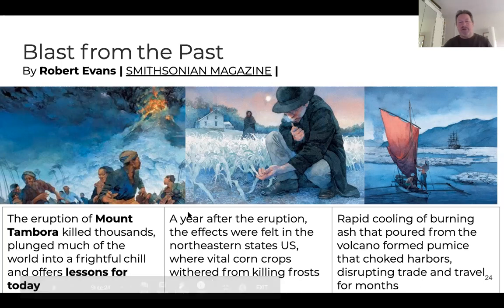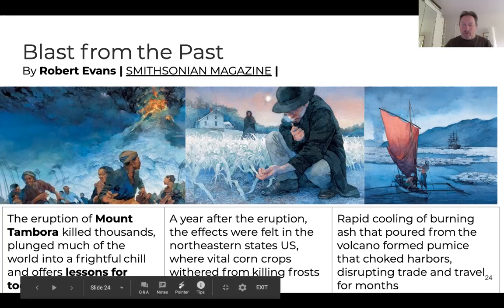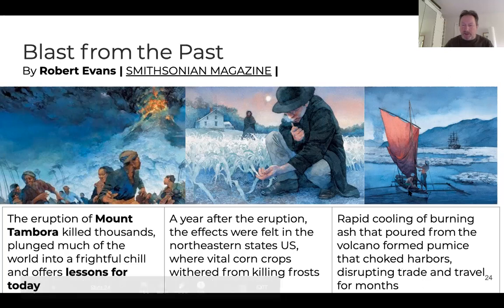A year after the eruption, the effects were felt in the northeastern states of the US, where vital corn crops withered from killing frosts. Rapid cooling of burning ash that poured from the volcano formed pumice that choked harbors, disrupting trade and travel for months. You see that this ship or this vessel cannot move because of this.